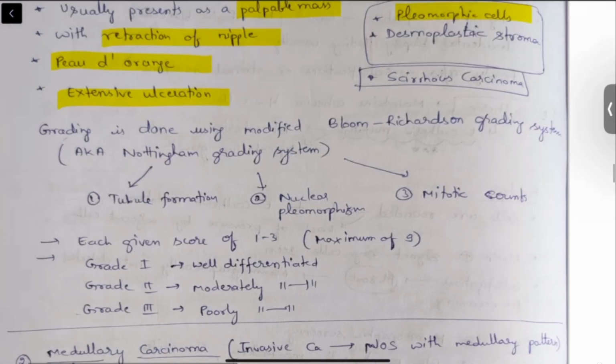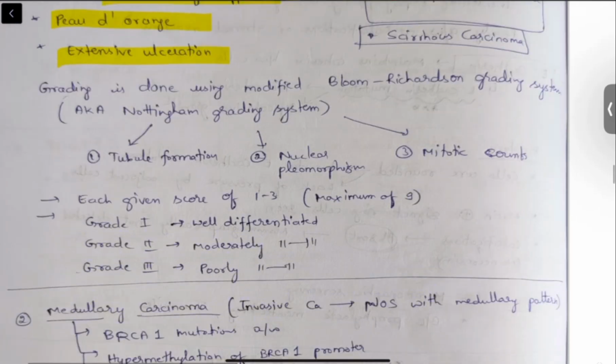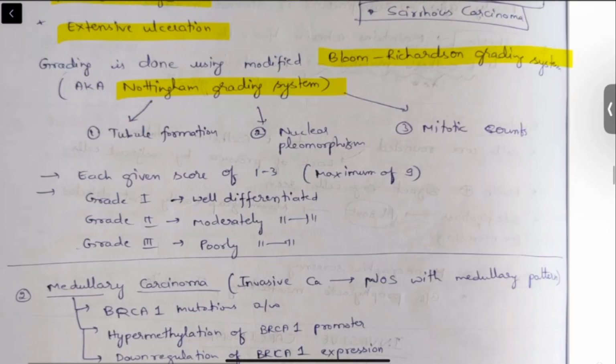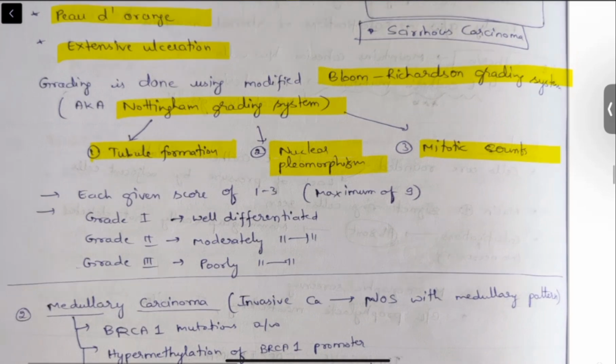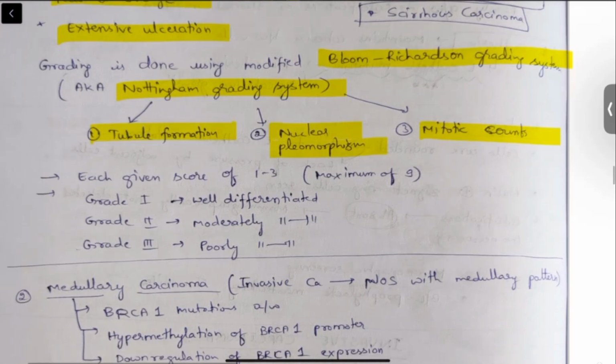After this, grading is done by a system called the Bloom-Richardson grading system, also known as the Nottingham grading system, which grades based on visualization, like whether there is tubule formation, nuclear pleomorphism, or mitotic count. These are all pathological grading. Based on this, each is given a score of 1 to 3, with a maximum of 9.